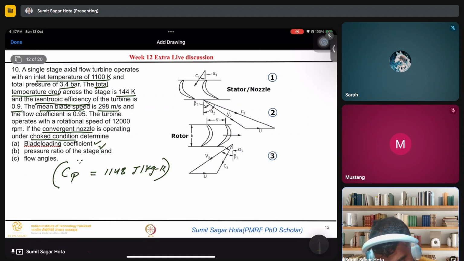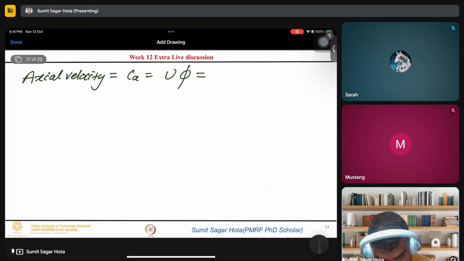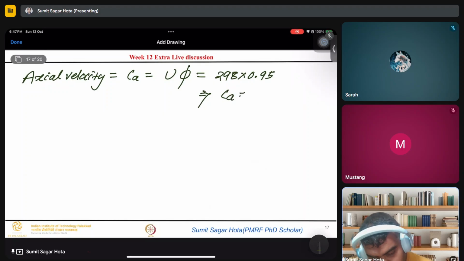Phi is your flow coefficient, which is 0.95 given, and the mean blade speed U, which is 298, is also given. So 298 into 0.95 means your axial velocity CA will be 283 meter per second. Okay.